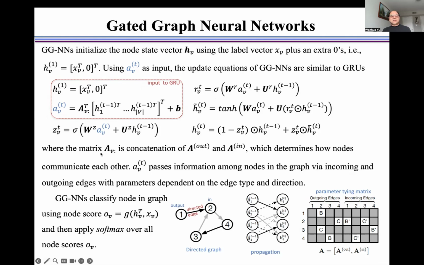Where matrix AV is the concatenation of A out and A in, as shown here. These are the outgoing edges and these are the incoming edges.